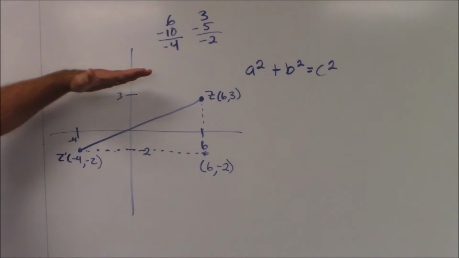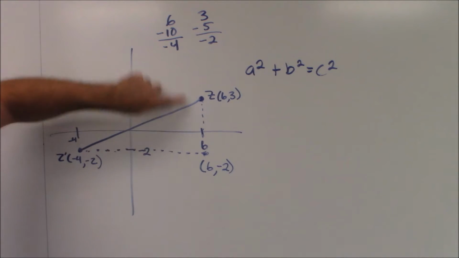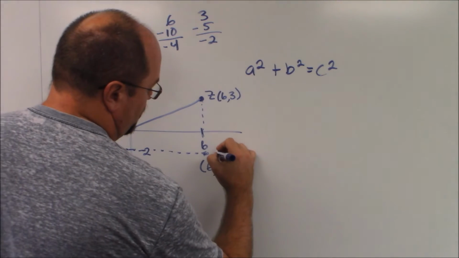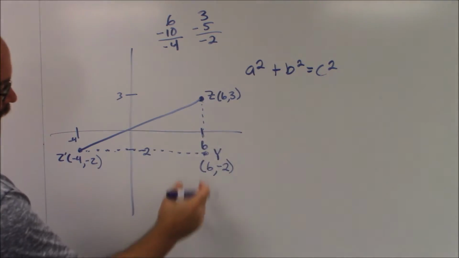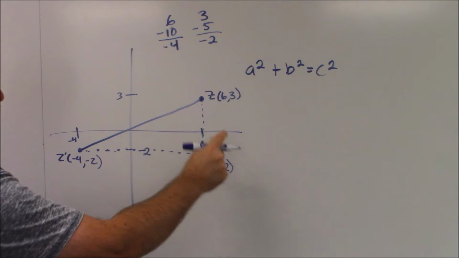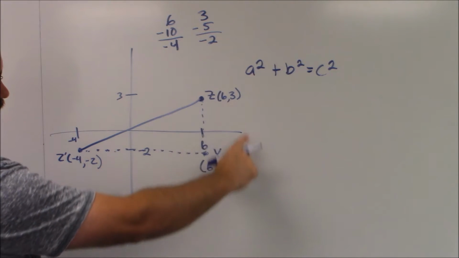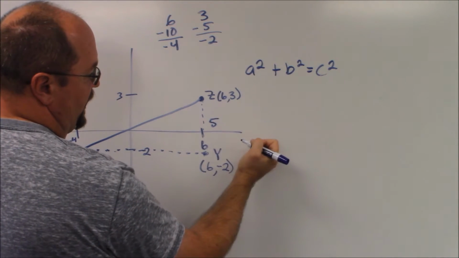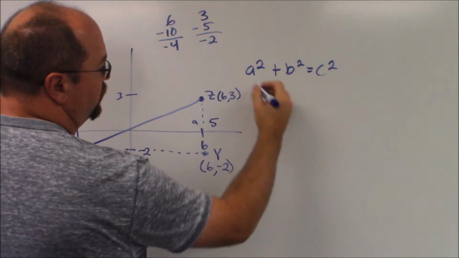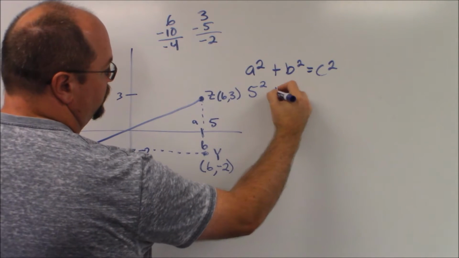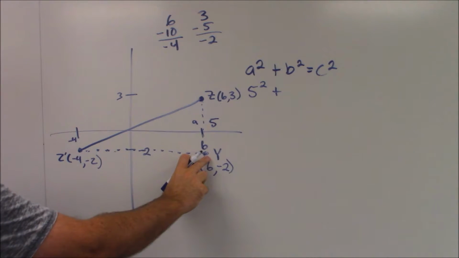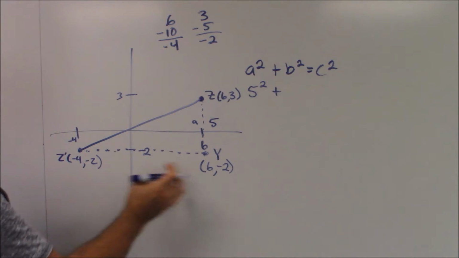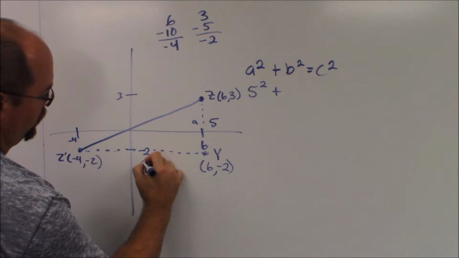All right, so from this point Z to this made up point here, we'll just call it Y. From Z to Y, I need this line segment value. So I'm going from y is 3 to y is -2. So that length is 5. I'm going to use that for my A value. It's 5 squared. And then now I need to plot from Y to Z prime. So we're going from 6 to -4, which is a value of 10.